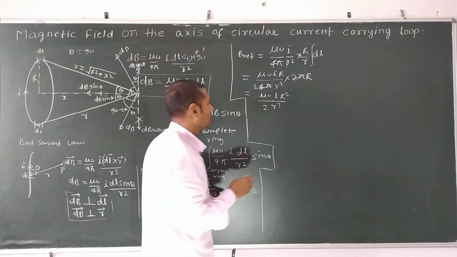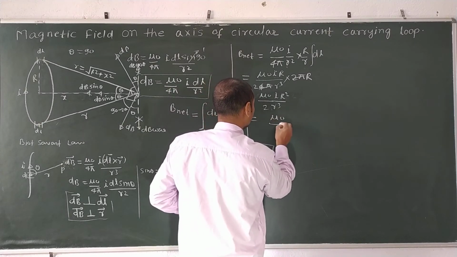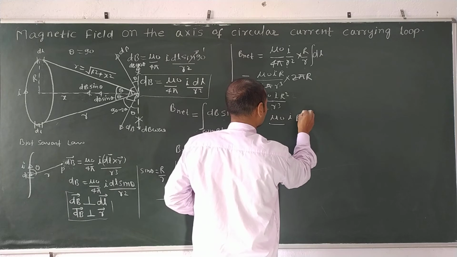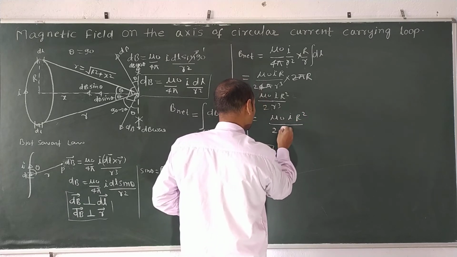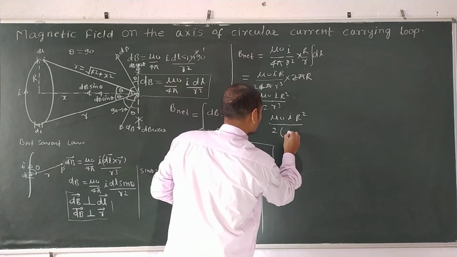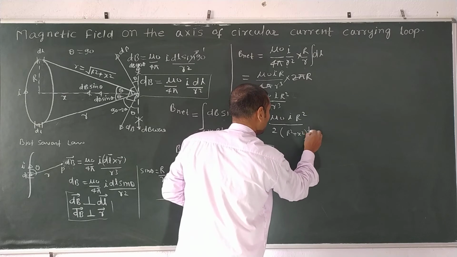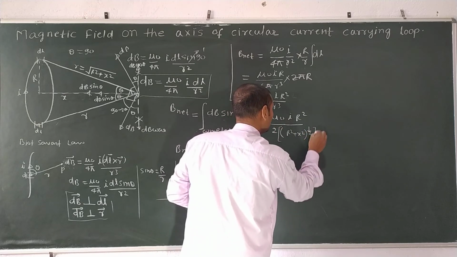So we write here, in place of r, we use (R² + x²)^(1/2), and this one cubed.